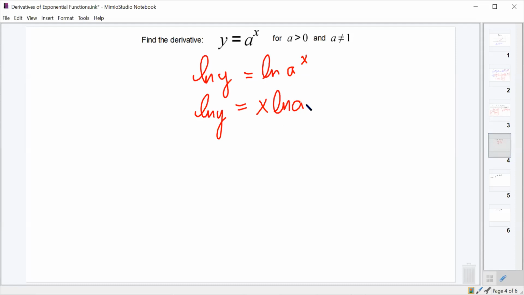Good. Put the x in front of the natural log. That's one of the rules of logarithms, right? Then what? Any thoughts on that?